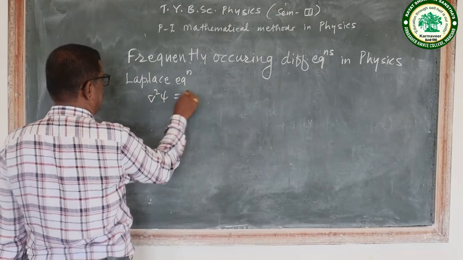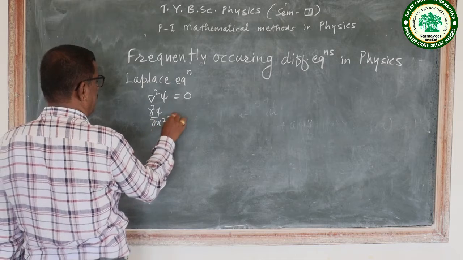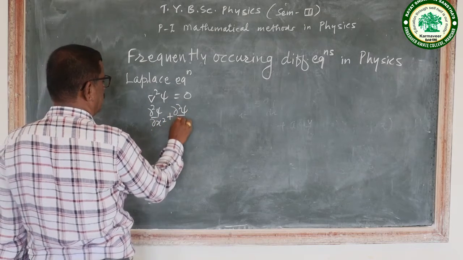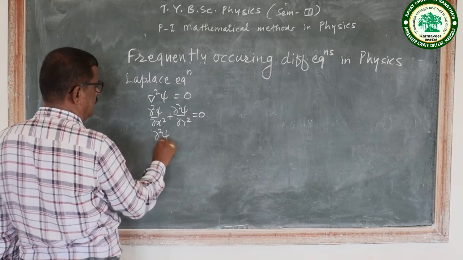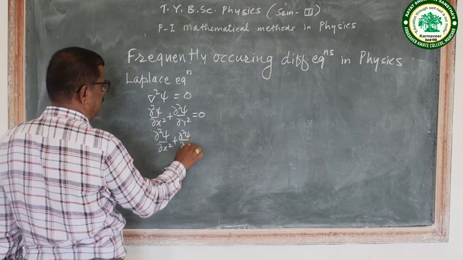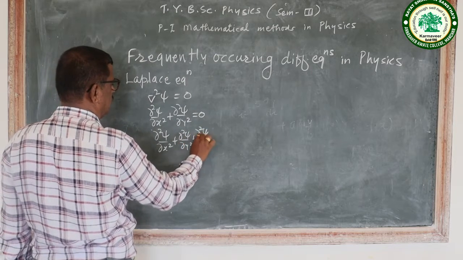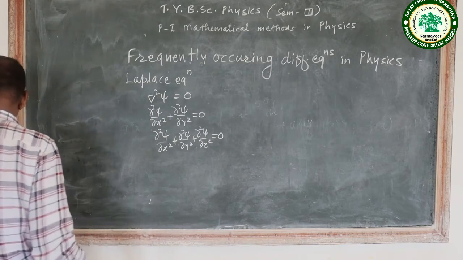The first is the famous Laplace equation, that is del square psi is equal to 0, or in 2 dimensions we write d2 psi by dx square plus d2 psi by dy square equal to 0, or in 3 dimensions d2 psi by dx square plus d2 psi by dy square plus d2 psi by dz square, this is equal to 0.